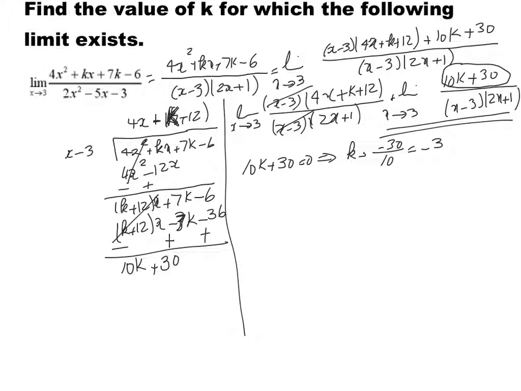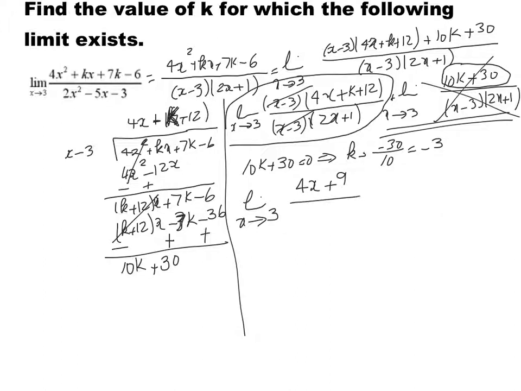So if k is negative 3, this fraction is going to become 0, and this fraction is going to become limit of x goes to 3 of 4x, if k is negative 3, so it becomes 12 minus 3, which is 9, over 2x plus 1.